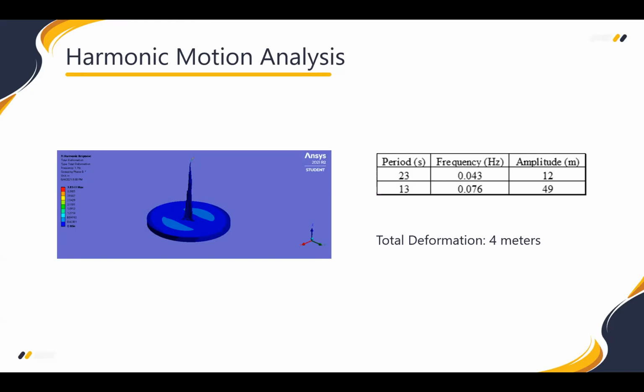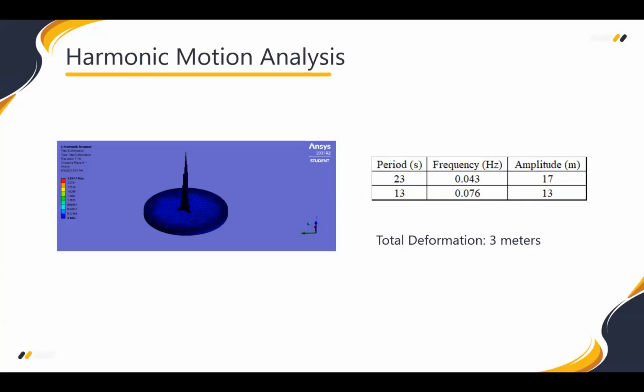That makes sense because the fundamental period of the building was approximately 30 seconds, and the period of the harmonic motion was 13 seconds. Therefore, in this situation, resonance occurs, so the structure would act in a maximum response.